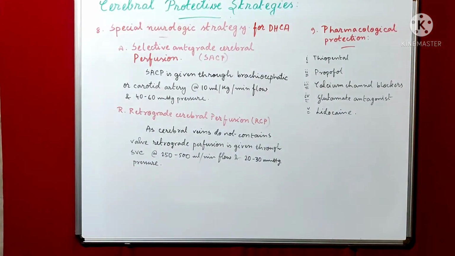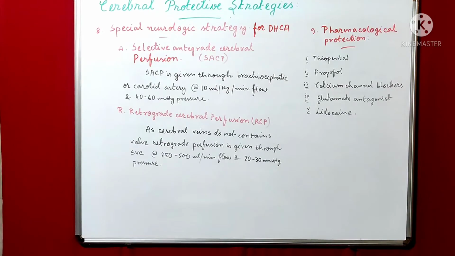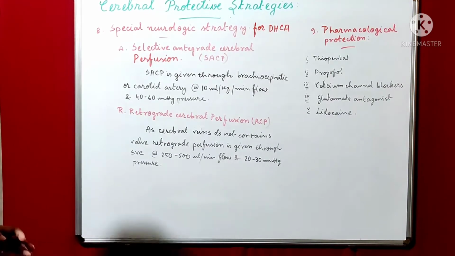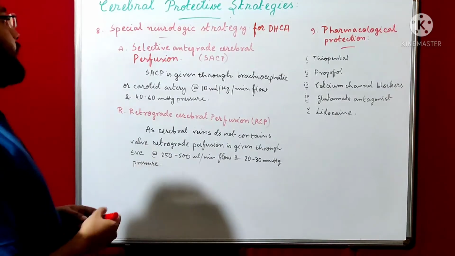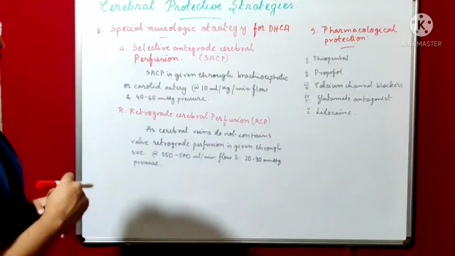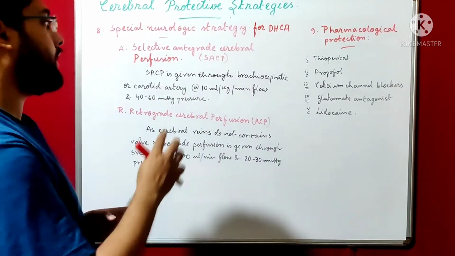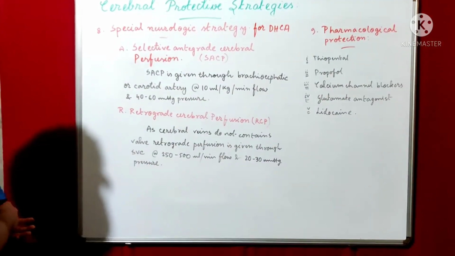That is, though there is total circulatory arrest for the body, the brain will be selectively perfused in an antegrade manner. That is, through the normal arterial and venous path. That is, blood supply will be through arteries and drainage from veins.